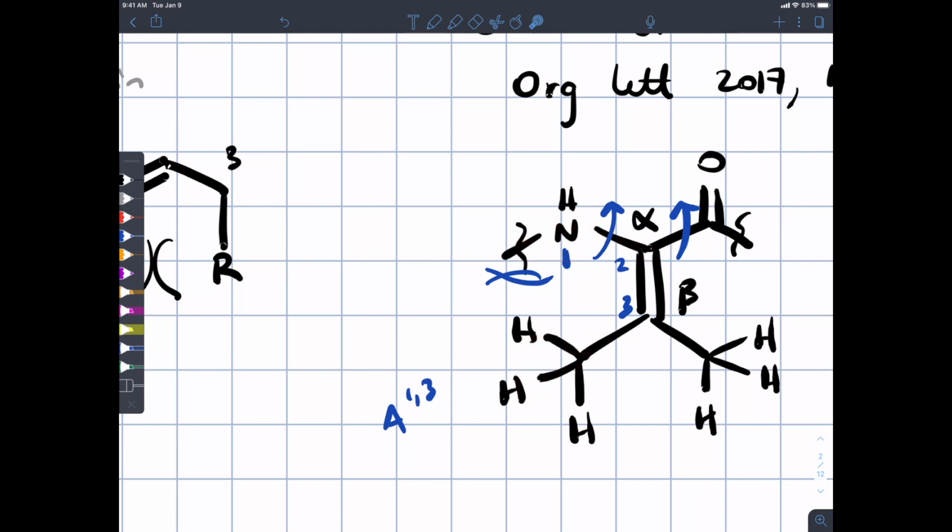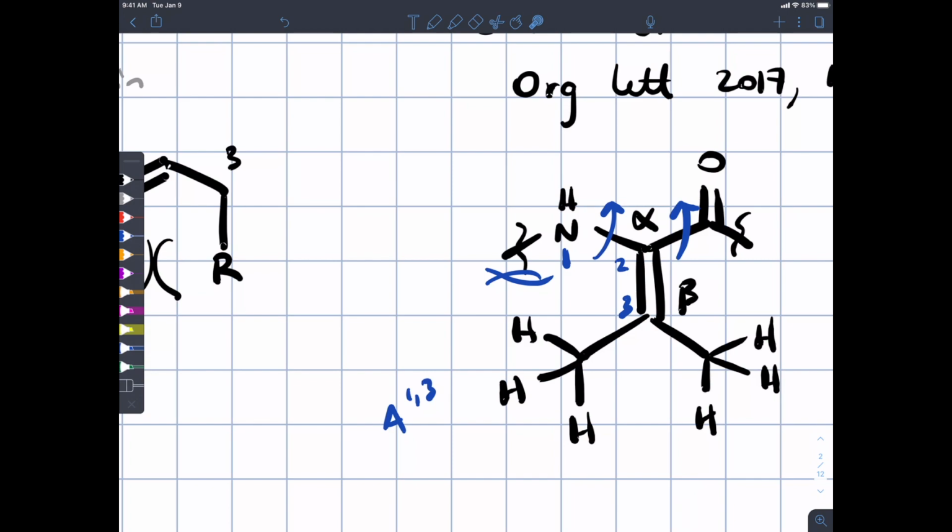Okay. So the position of the double bond doesn't necessarily have to be between 1 and 2. It could be between 2 and 3. What matters is that you have an allyl system. And this doesn't look necessarily like an allyl system, but because that nitrogen would be conjugated to this bond, that's sort of where it is.